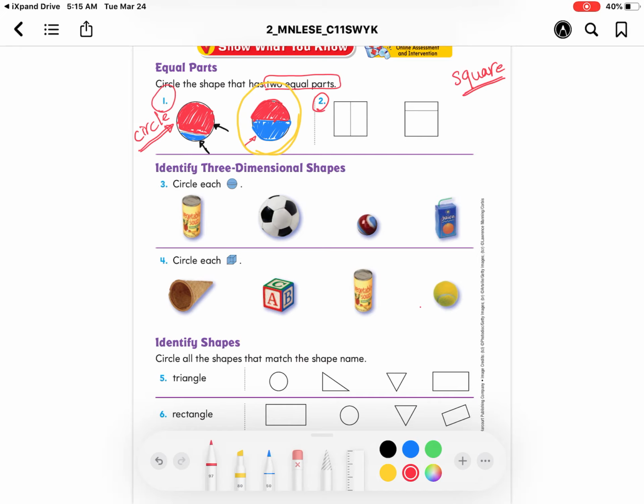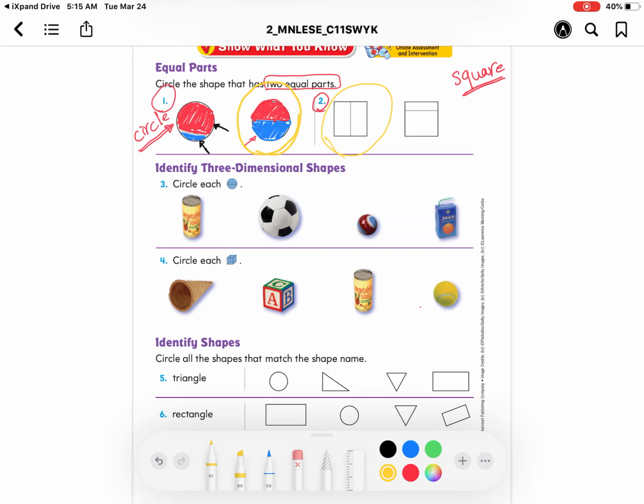Now let's see here. In this square there is a line that is drawn here. Which shape here has a line that created two equal parts? Excellent, it's so clear. Yes, this shape.